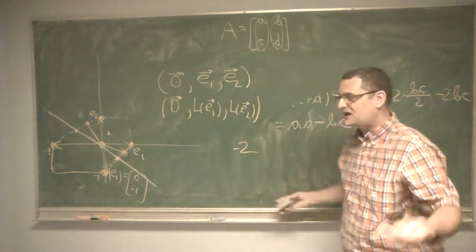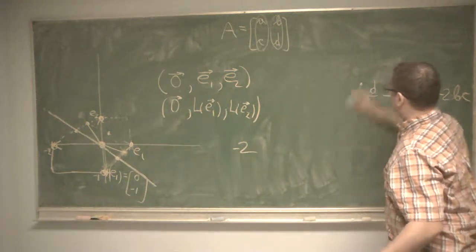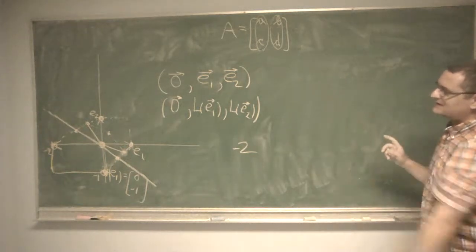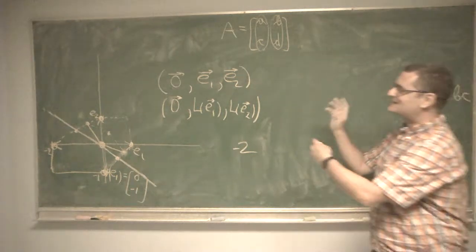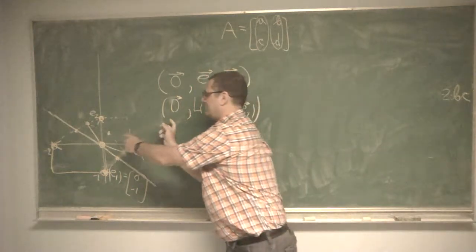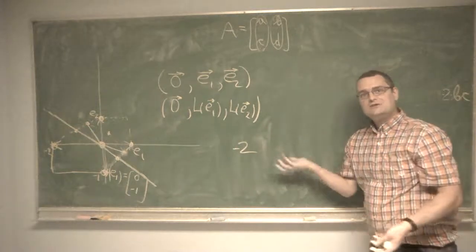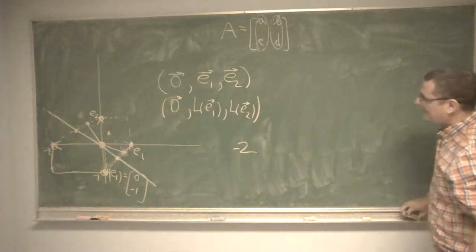So let's check. So this business with the AD minus BC, you can see that if I flip the orientation, AD minus BC is going to be negative.